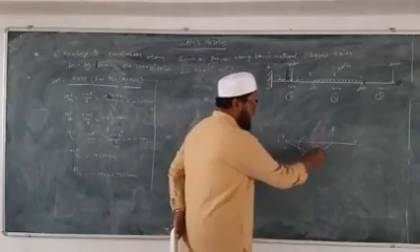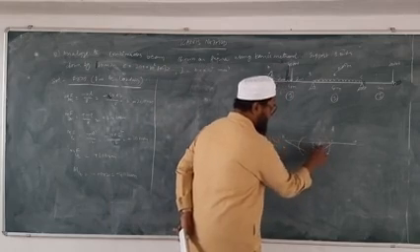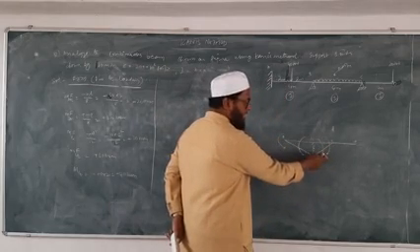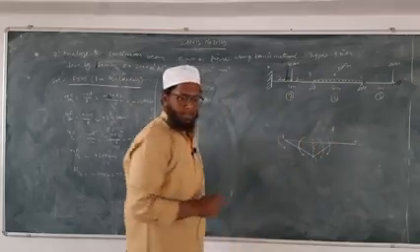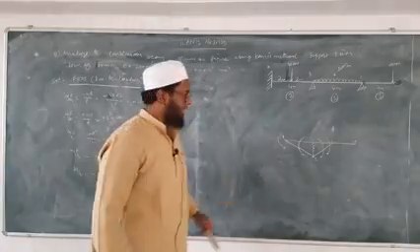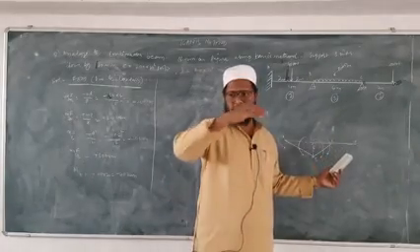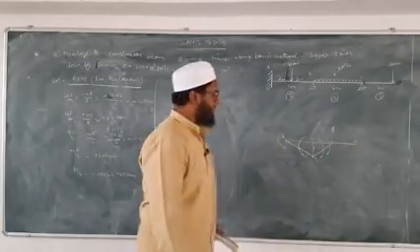Then two extra moments will be developed in clockwise direction, that is MBC and MCB. Here moments will be clockwise, here moments will be anti-clockwise. So what about CD? It is on the straight path, no problem.